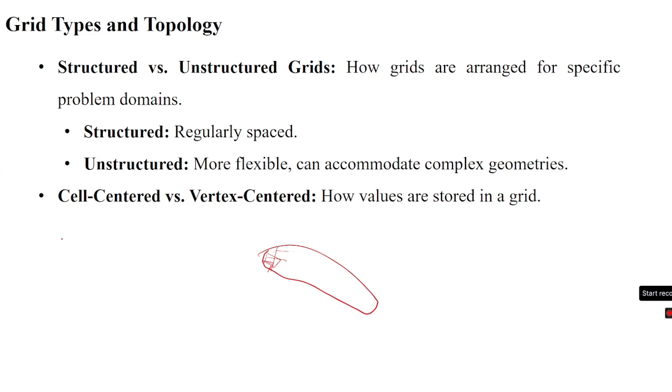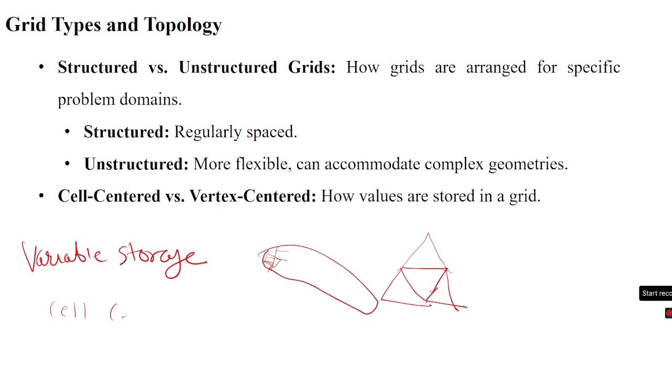Variable storage means, suppose I have this particular triangle element, with one vertex here, one here, and one here. With the cell-centered method, here we can say this is the value where we are storing the variable values.